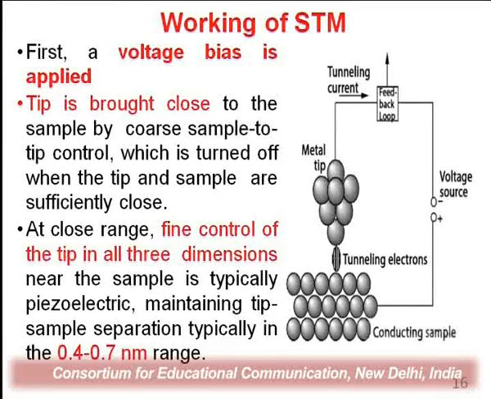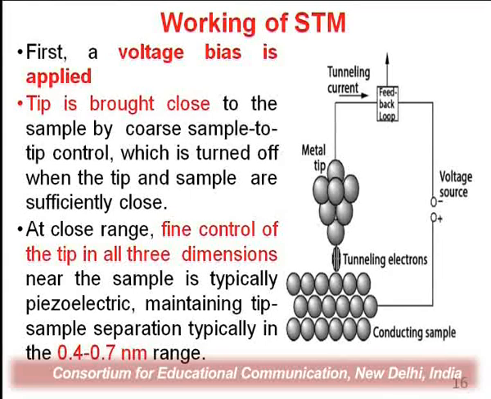The distance is maintained between the tip and the sample because they will produce the tunneling current, and this tunneling current is produced by using the voltage source. On the right hand side you are seeing the voltage source. So the tip should be at a particular distance from the surface.